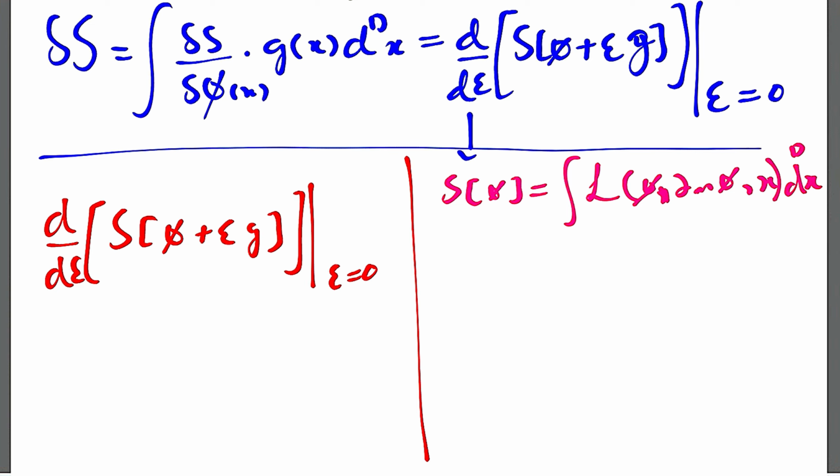We want the Lagrangian at this new argument phi plus eg, so we will introduce a small perturbation in it. Phi plus eg would be equal to the integral, and I'm writing down the Lagrangian, and the argument will be written like that. Now you see x will not change, because the field is being changed, only phi is changed, so x will stay the same.